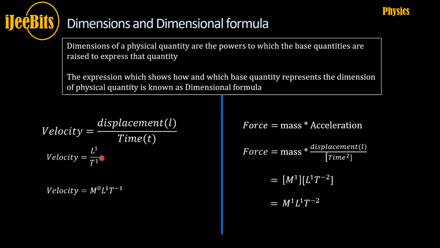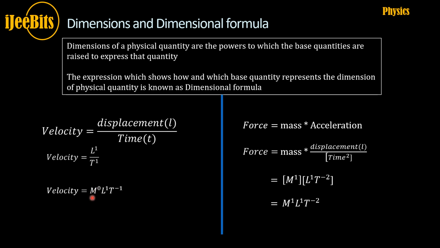For physical quantities, we are actually raising powers of the base quantities. L and T are the base quantities which we studied. Are we depending upon mass? No. So if you want to represent mass in the dimensional formula for velocity, you raise the power to 0.